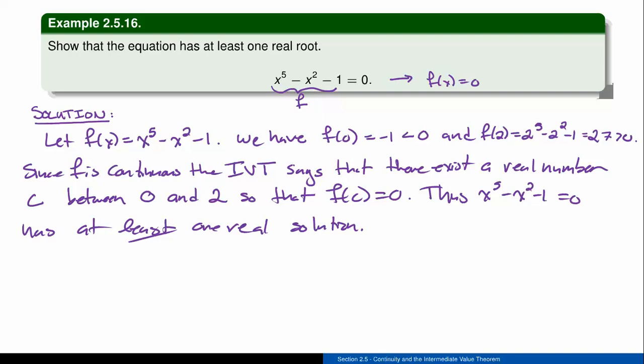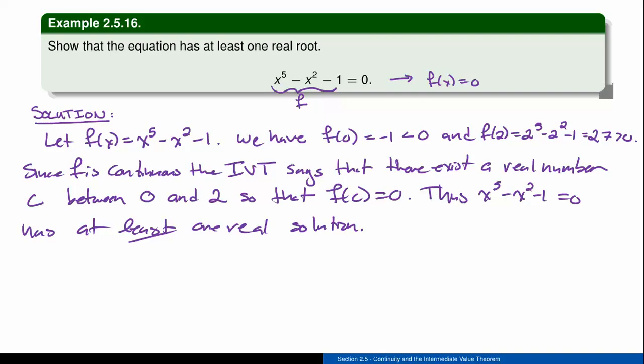You can see that the way this was set up, it actually gives you an idea for how to find that 0. I know the 0 is between 0 and 2, but as we talked about, when you plugged 1 into this function, 1 also kicked out a negative 1. So you could have rerun this argument one more time, starting from 1 to 2, and then you know that your 0 is going to be somewhere between 1 and 2.